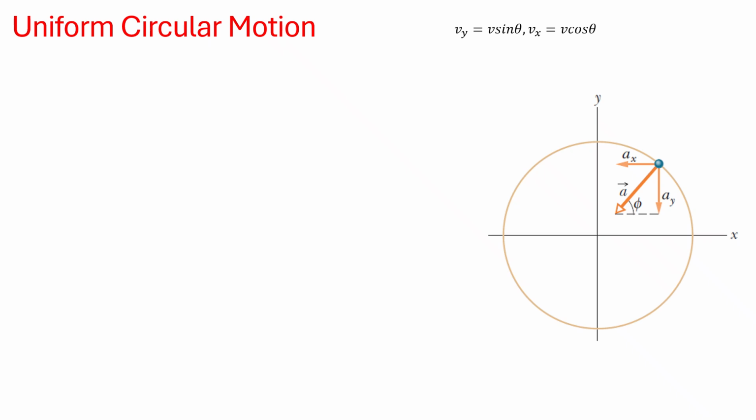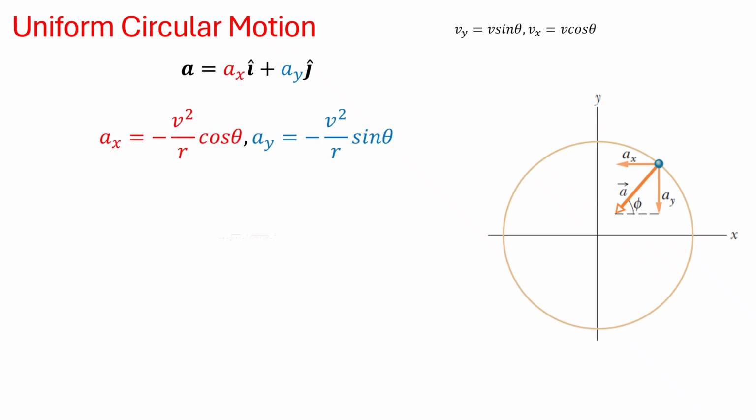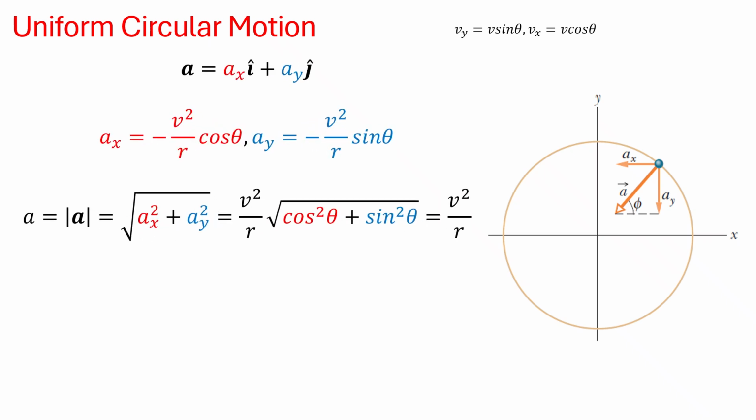So as we are on the new slide, I am rewriting my equations, and now the magnitude a can simply be written as a is equal to the square root of ax squared plus ay squared. So you have to club the whole thing and square that, and if you take it out of the square root, it will be v squared upon r times cos squared theta plus sin squared theta. Obviously that square root will be unity, and the centripetal acceleration is simply v squared upon r.